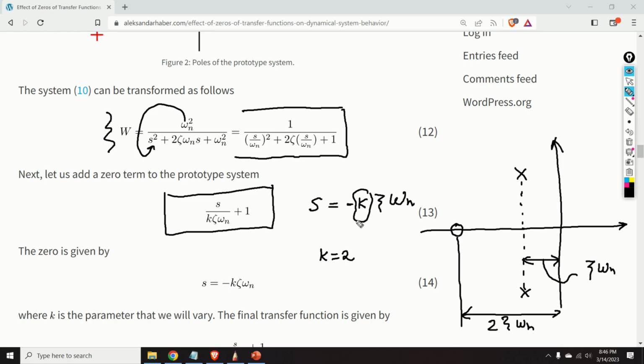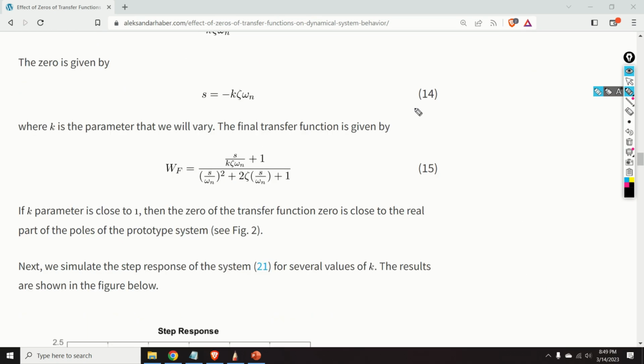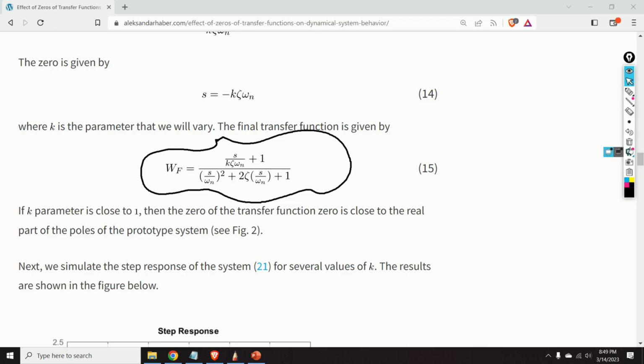of the system. We are interested in several scenarios. What happens when this zero over here is close to the real part of the poles? What happens when this zero is relatively far away from the real parts of the poles? The final form of the transfer function is given over here. Let us now investigate the influence of the parameter k on the transient response of the system.